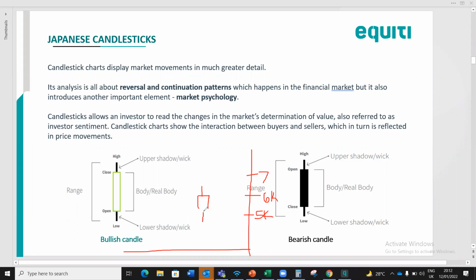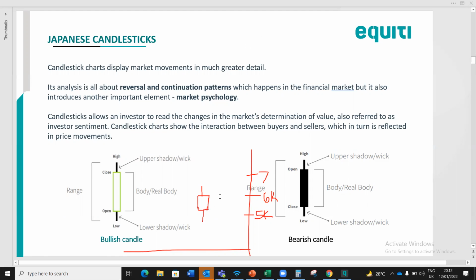All right. But then buyers still dominated a part of the session. And then finally, by the end of the day, the market closed at this price of 5,300. Remember, the market opened at 6,000. Sellers were able to dominate the market, pushing it down to 4,900, but buyers were able to push up the prices from 4,900 and the market closed at 5,300.